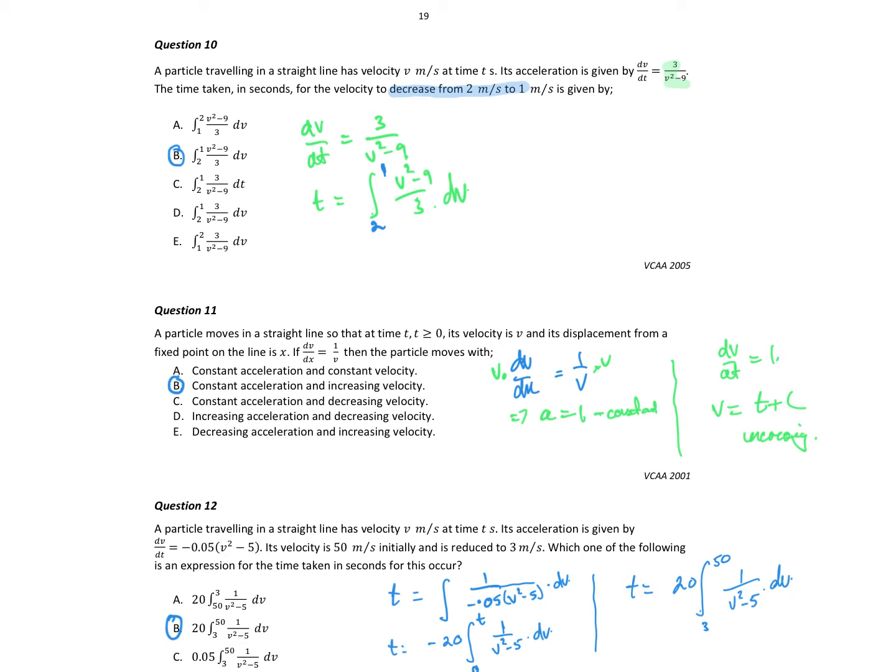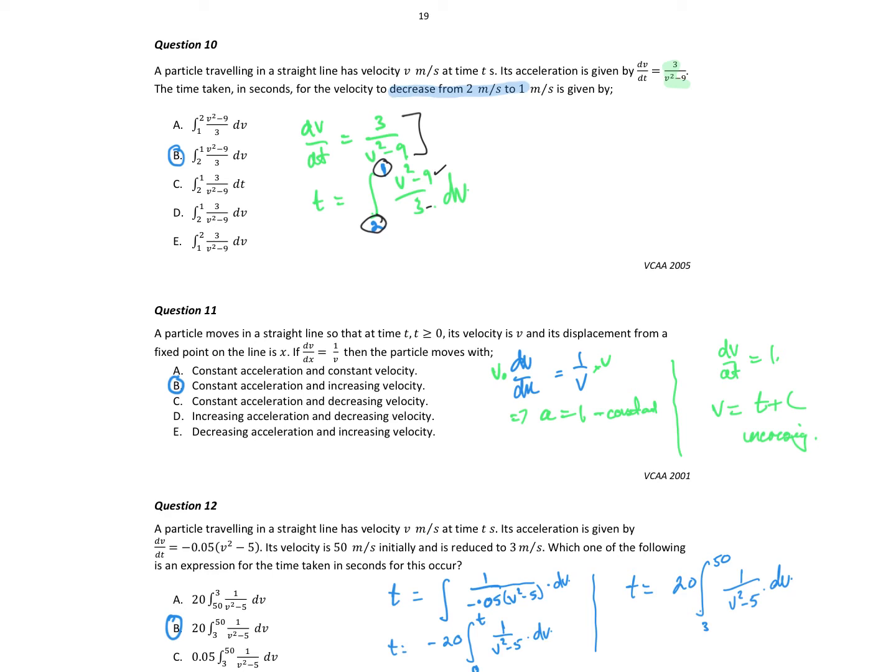If I work out my t value, flip it upside down, integrate with respect to v, now I'm decreasing from 2 meters per second to 1. Often we talk about how long it takes when our particle increases from 1 to 2, yeah? So in this case, we're decreasing from 2 to 1. So my terminal points are the opposite way, all right?